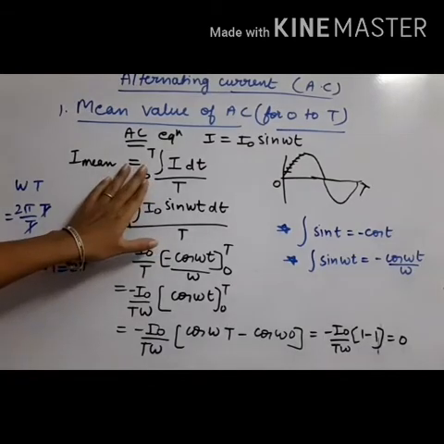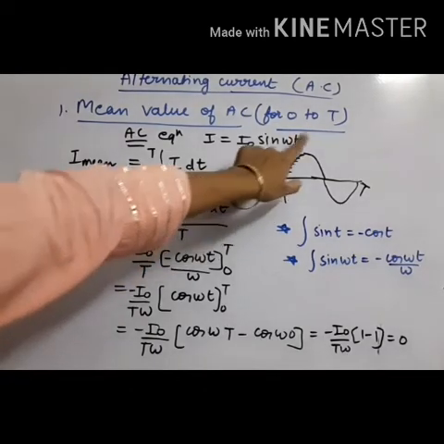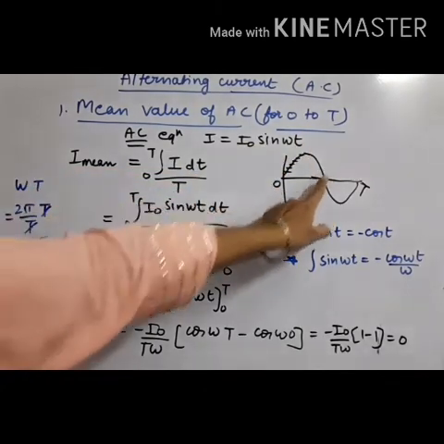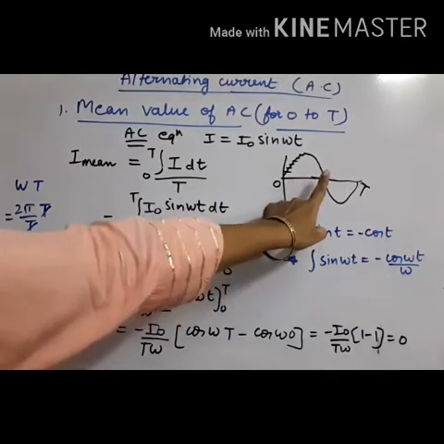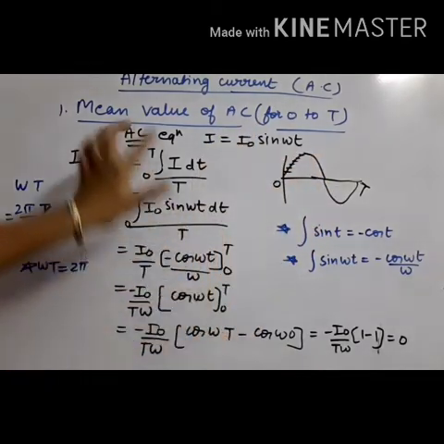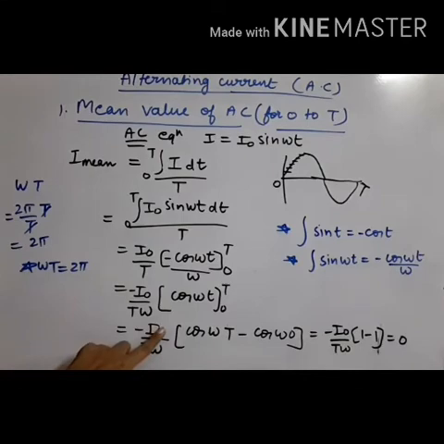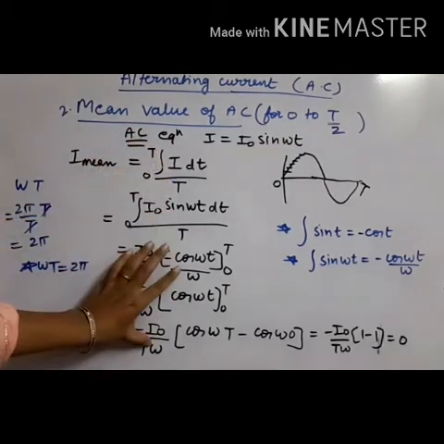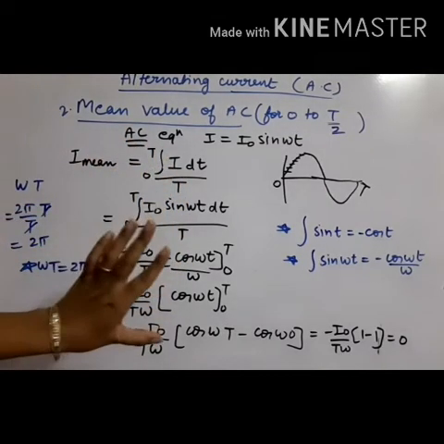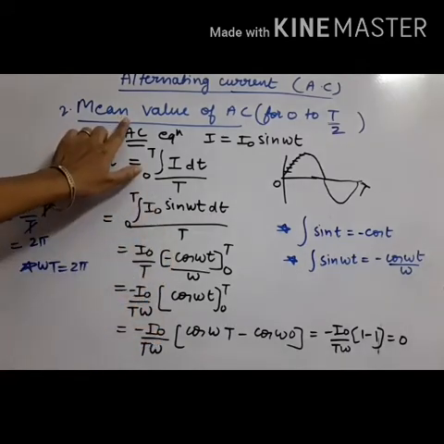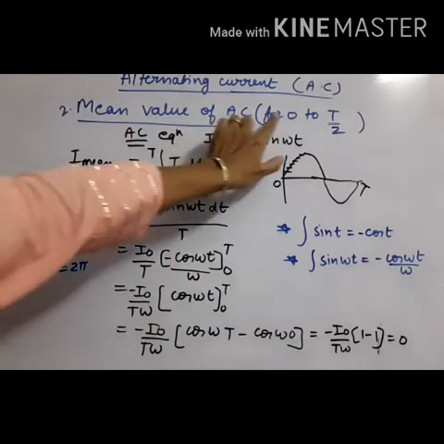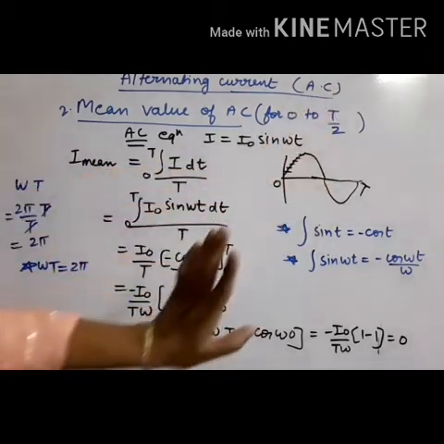So let us now try calculating the mean value of AC only for the half time interval, that means 0 to T by 2, in the next sheet. So this is the first calculation. Now note down, we are proceeding to the second calculation. This sheet is already prepared, so I'll do the changes in this sheet only. We are now calculating the mean value of AC only for the 0 to T by 2 time interval.